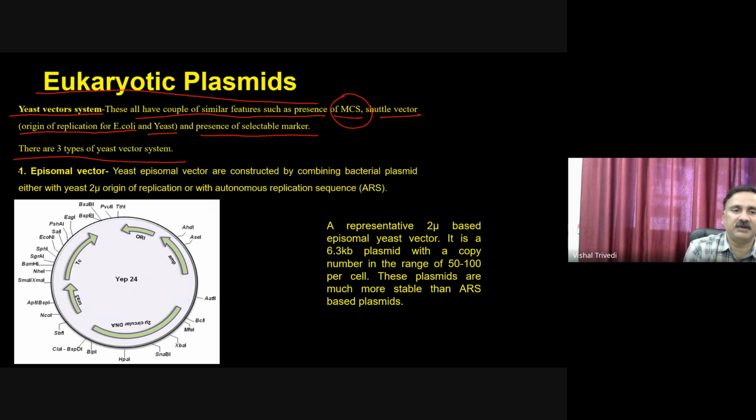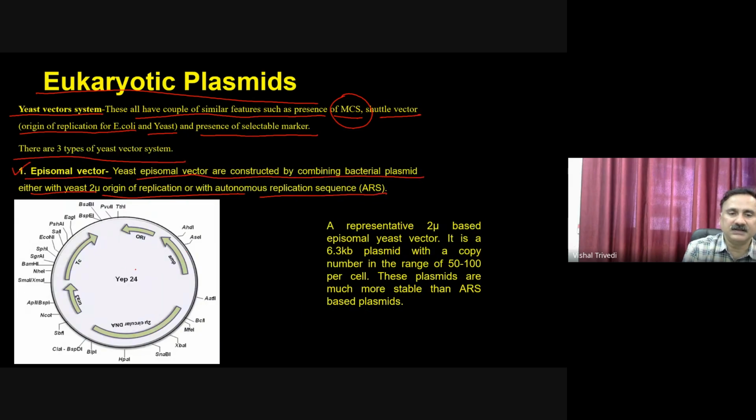You can have the episomal vectors, you can have the integrating vectors, and you can also have the yeast artificial chromosomes. So yeast episomal vectors are constructed by combining the bacterial plasmids either with the yeast 2 micron origin of replication or with the autonomously replicating sequences.